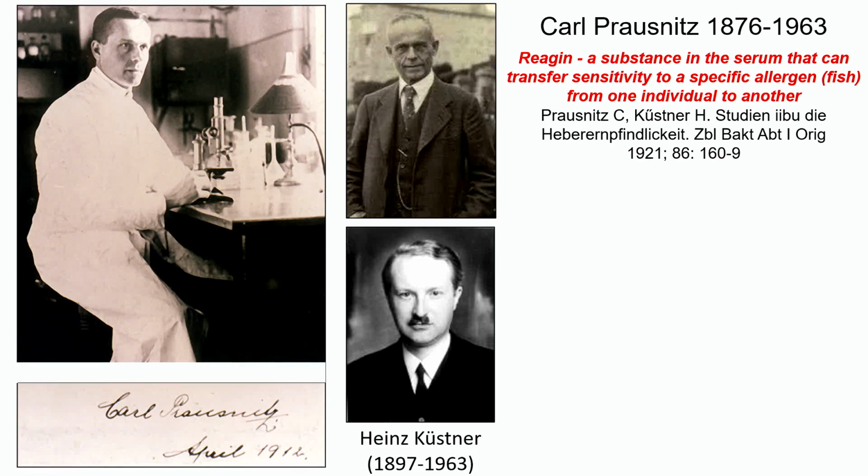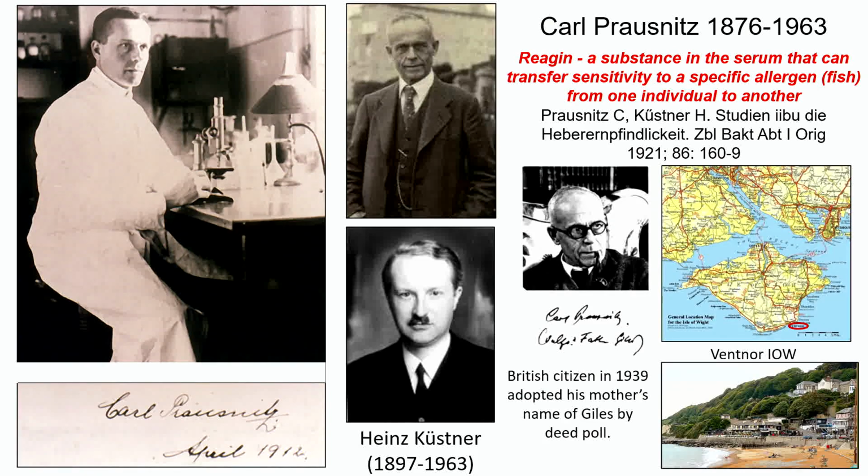Well, in 1936, because of the uprising in Germany, and he noticed the politics was going wrong, he and his mother moved to England, firstly to Manchester, and then subsequently to the Isle of Wight, which is just across the water from Southampton, where I'm from. And he settled in this little village called Ventnor, which is a coastal village, and became a general practitioner there for the rest of his life.